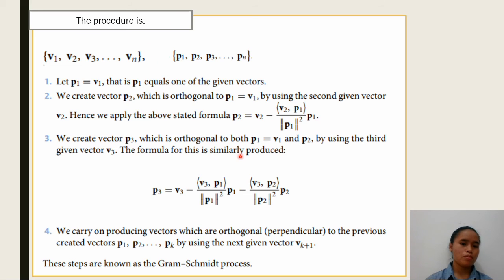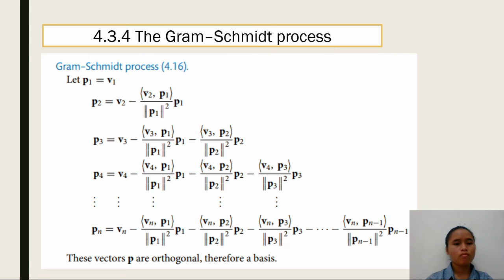step by step. The steps are known as the Gram-Schmidt process. This is the Gram-Schmidt process. So the vectors P are an orthogonal basis.